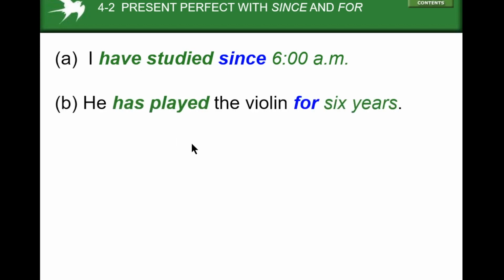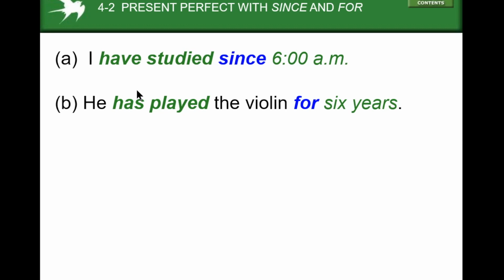Let's look at our next example. He has played the violin for 6 years. In this sentence, what is the subject? That's right, he. What is the main action verb? Marvelous, play. Any helper verb?